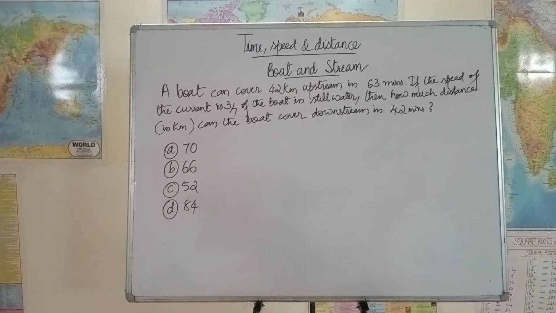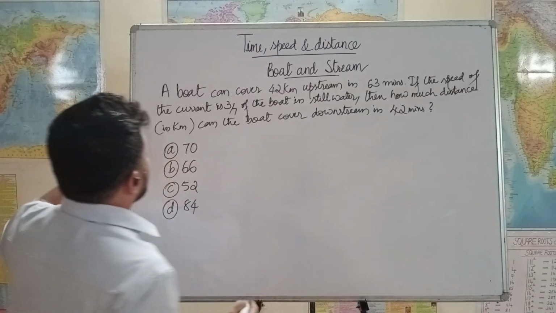A boat can cover 42 km upstream in 63 minutes. If the speed of the current is 3/7 of the boat in still water, then how much distance in kilometers can the boat cover downstream in 42 minutes?